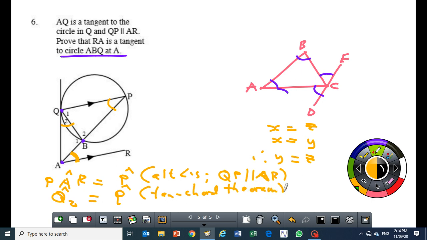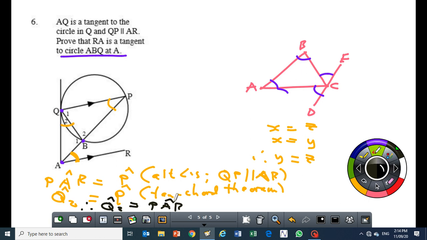Once you do that, then you can say therefore, angle Q2 is equal to angle PAR.